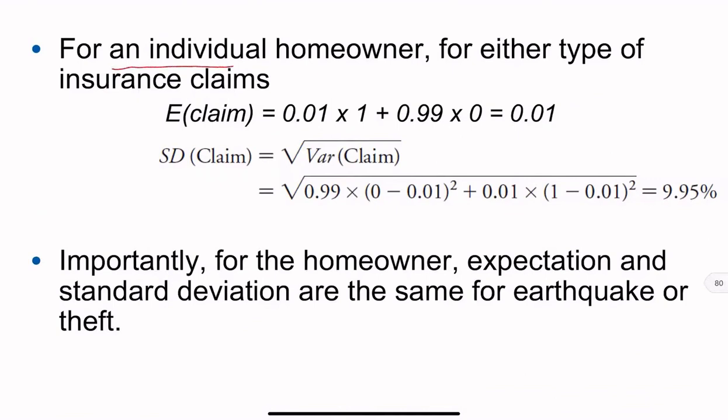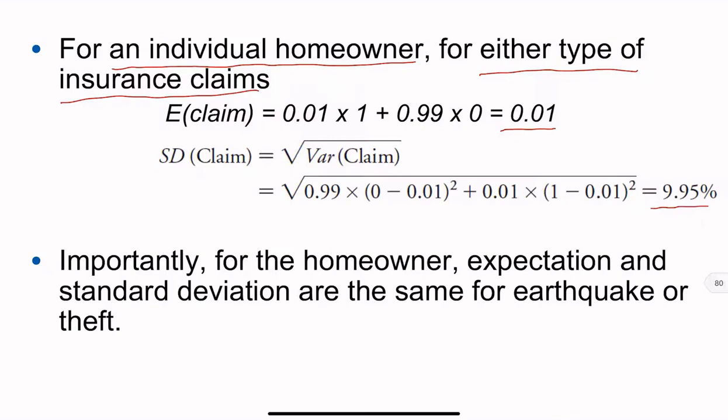So for an individual homeowner, from this homeowner's perspective, for either type of insurance claims, the expected claim is given by this number, and the standard deviation of the claim is given by this number, right? So importantly, for the homeowner, I am emphasizing we're just thinking about the standard deviation and expectation of claim from the perspective of a homeowner.